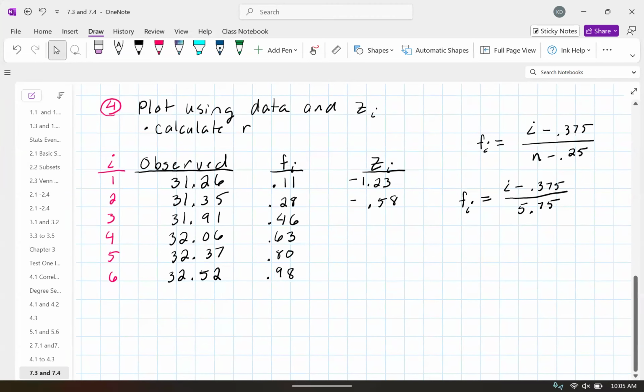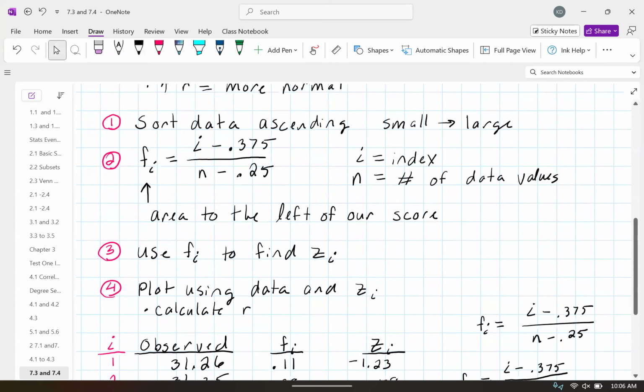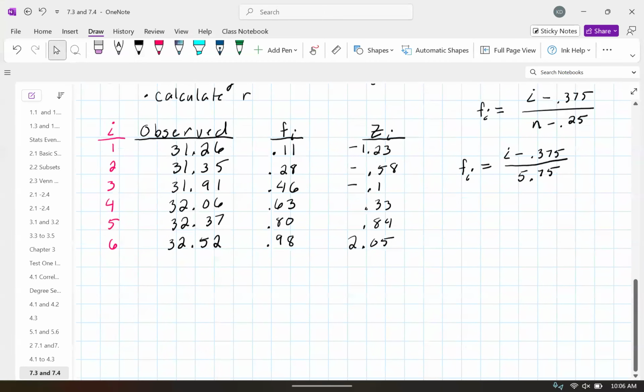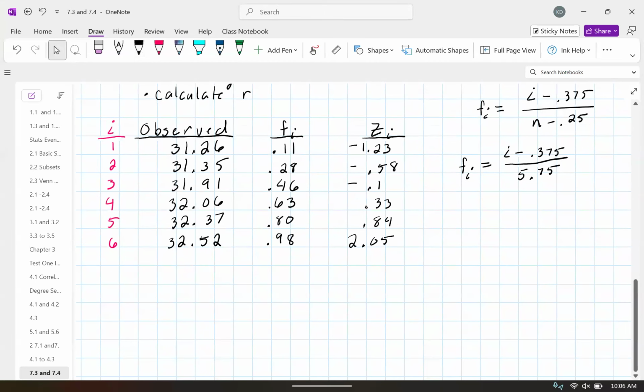I just wrote it down wrong. Negative 0.10, 0.33, 0.84, and 2.05. My numbers didn't match what was in my book here, so it makes me a little nervous.